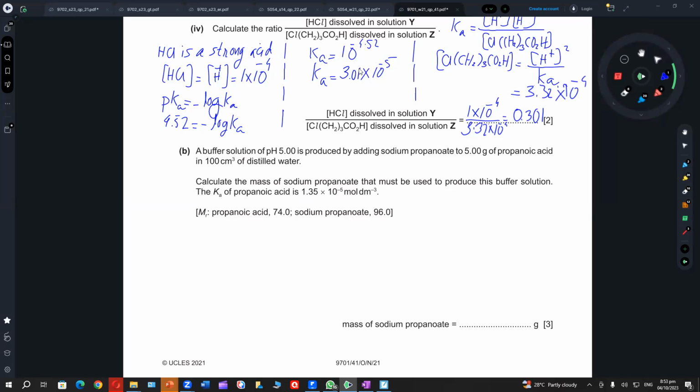So we can first work out the H plus concentration. One times 10 to the power of minus 5.